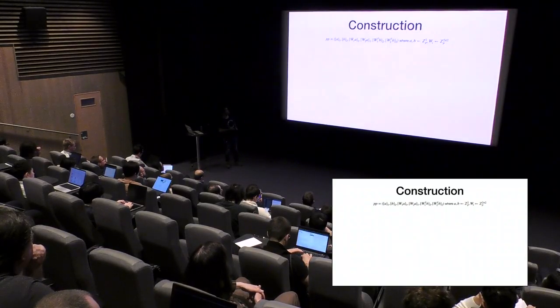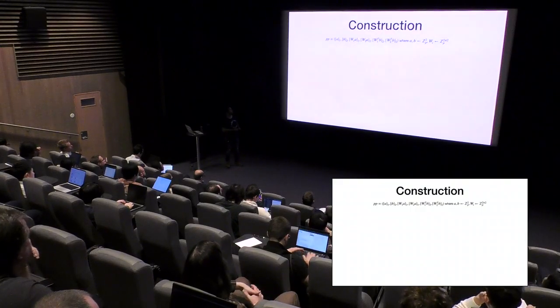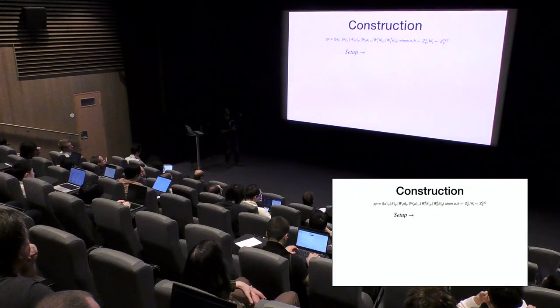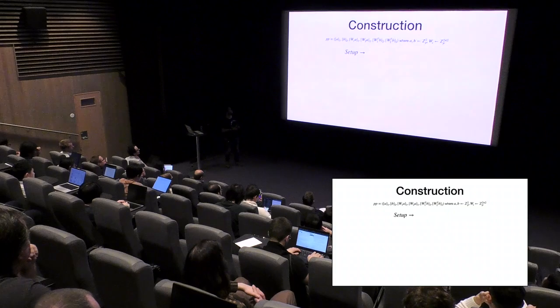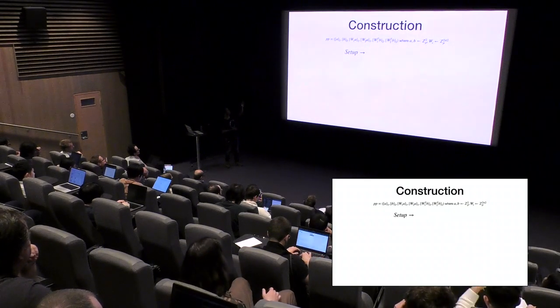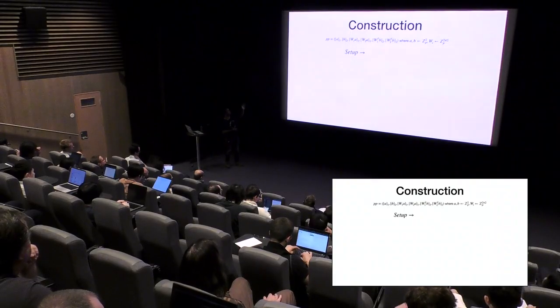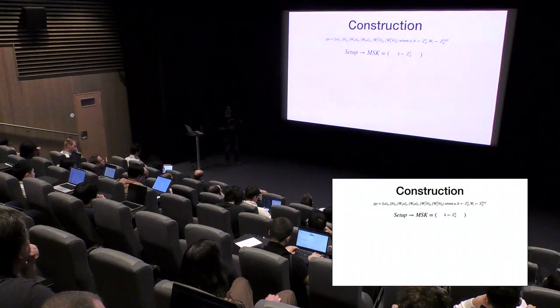So the construction is very similar to the IBE construction from pairings, where you have a bunch of vectors and group elements from G1, G2, and everything. For the time being, just see that there are vectors with respect to A and vectors with respect to B. In the setup, the master secret key is just a 2-dimensional vector. That's it.